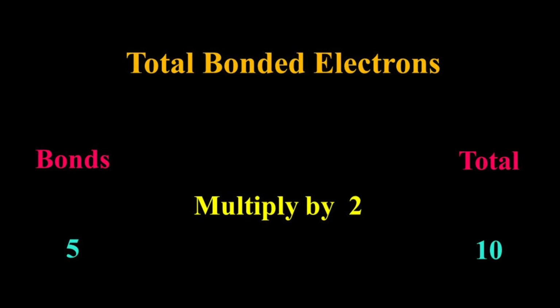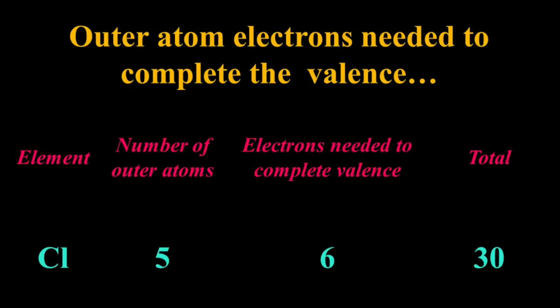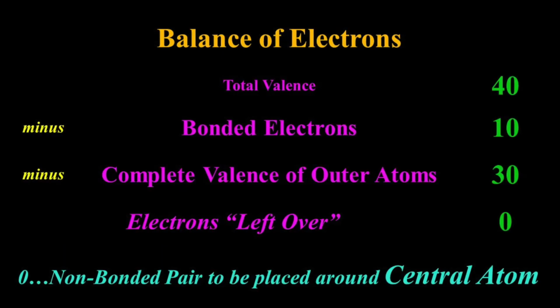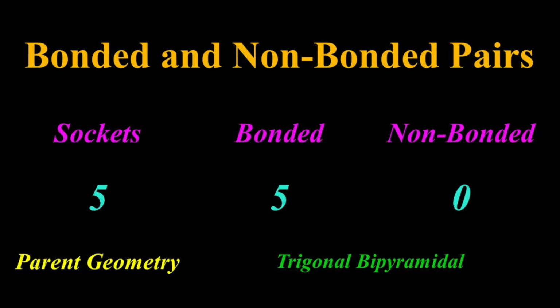And then we'll have 5 times 6 is 30 for the outer atoms to complete the valence for those, and therefore we will have 0 left over. 40 minus 10 minus 30 is 0. So 0 non-bonded pairs to be placed around the central atom.